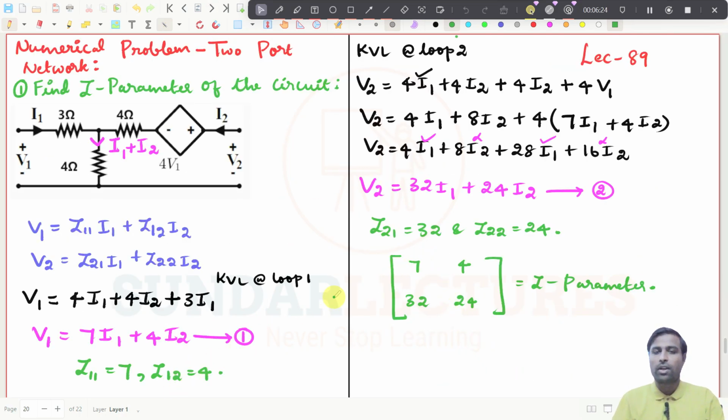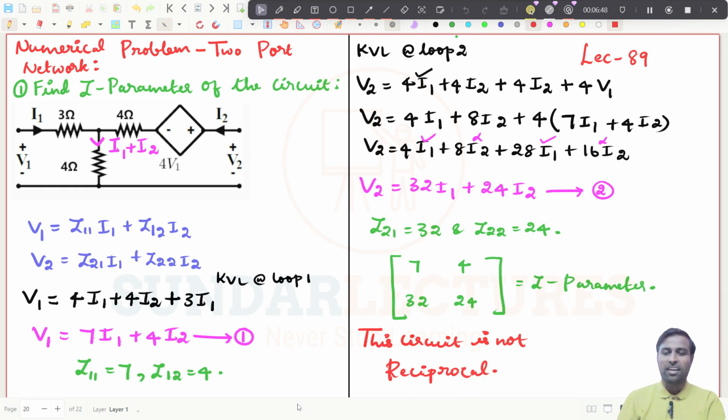No. Z12 is different from Z21. It is 4, it is 32. Then obviously you can write this circuit is not reciprocal, right? You can easily get the idea, right?